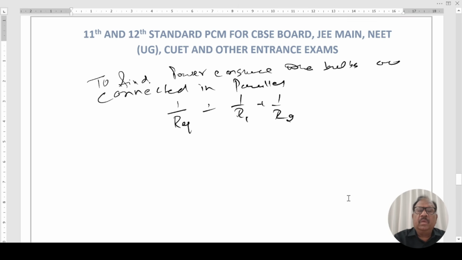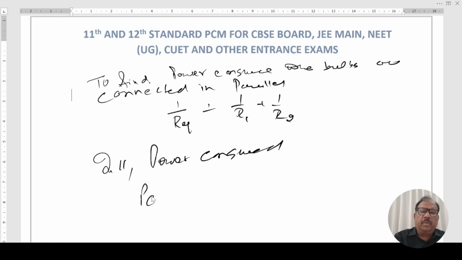Then, in parallel, power consumed, PP, will be equal to V square by R equivalent.